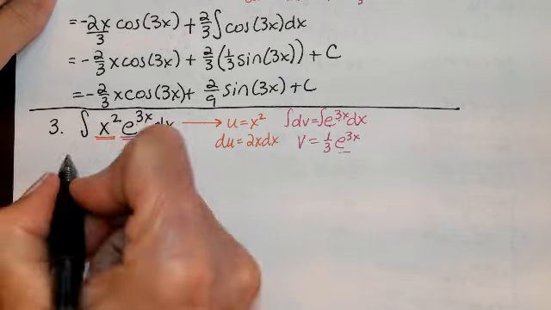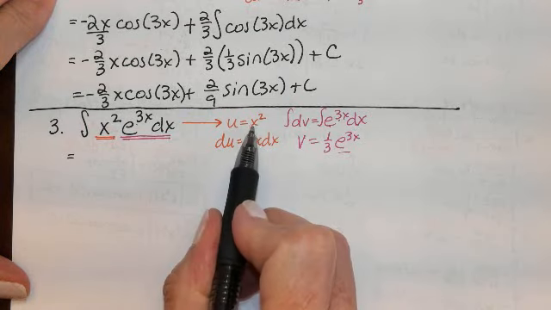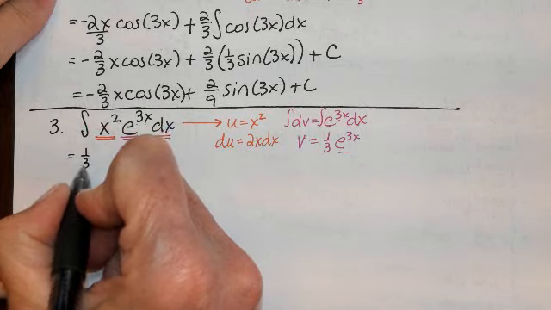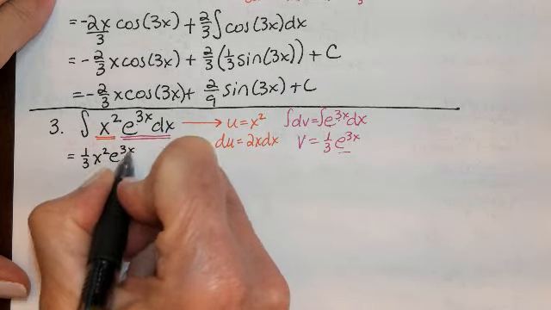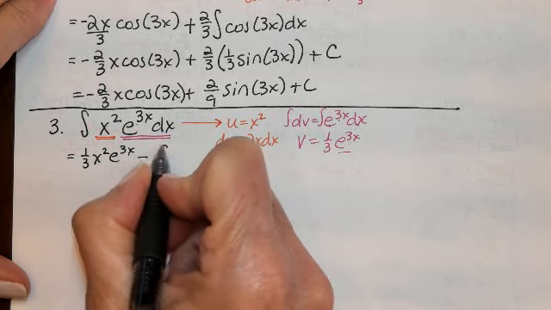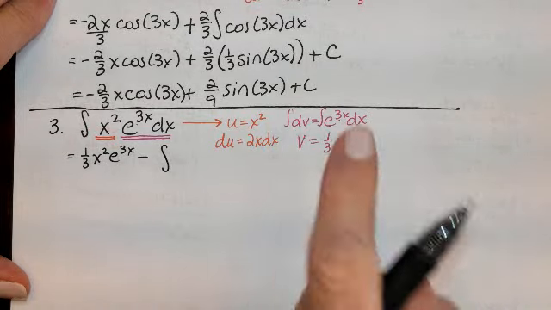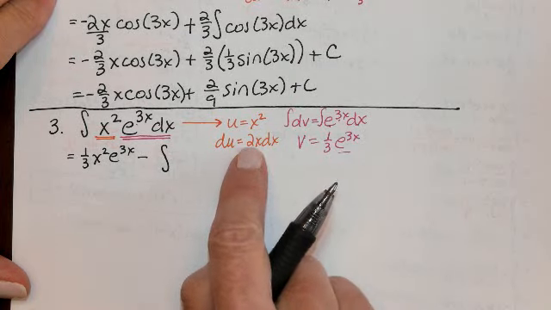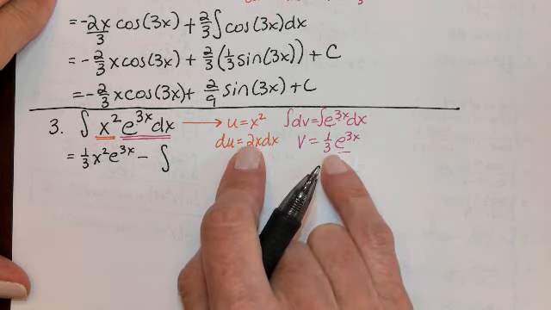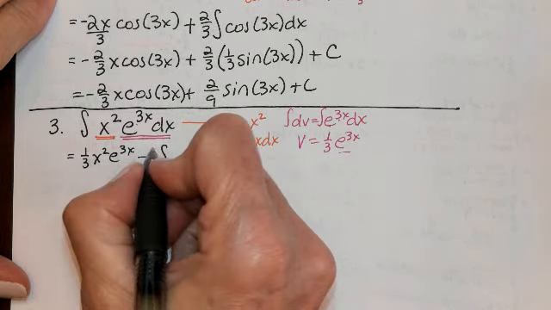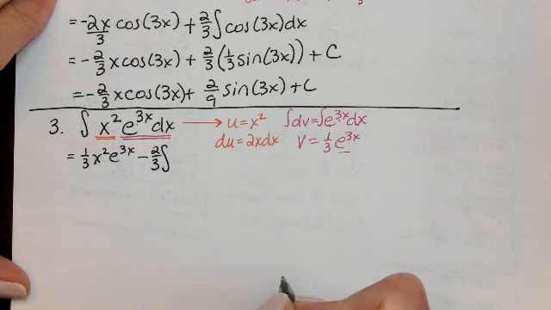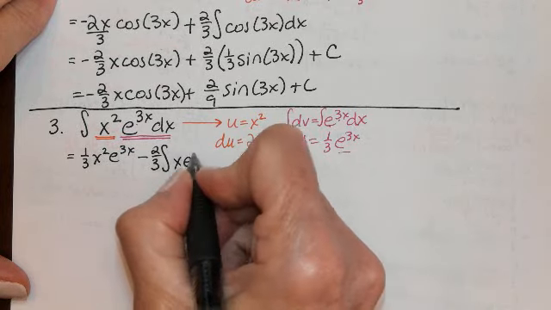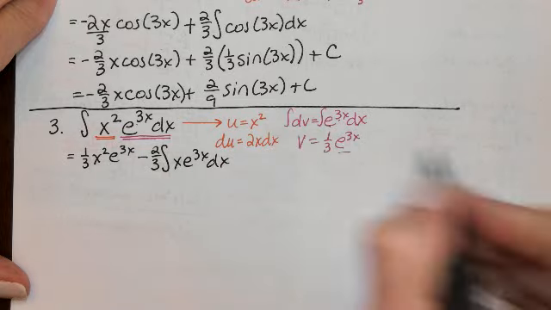So here we have uv, so x squared times 1/3 e to the 3x, or 1/3 x squared e to the 3x, minus the integral of v du. So I have that 2/3, that 2/3 I'm going to take outside of that integral. And then inside I have x e to the 3x dx.